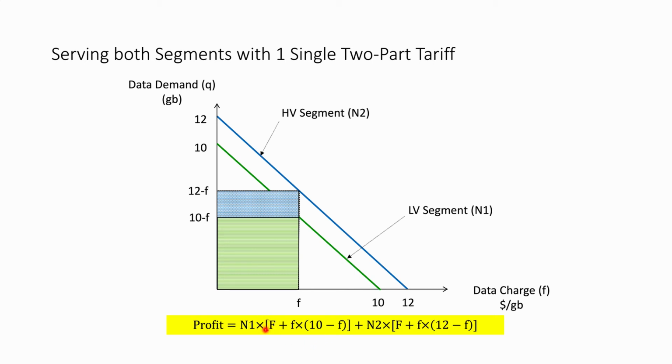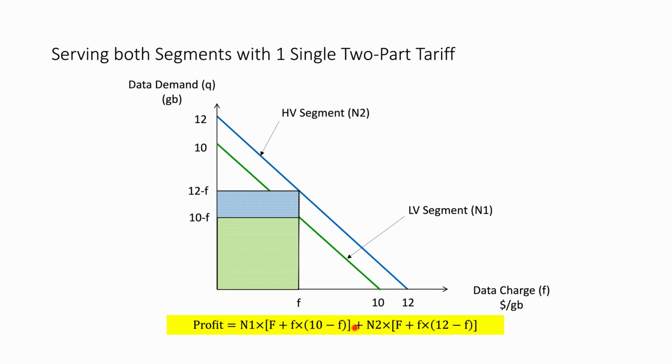Part of the revenue would be from the fixed fee it charges, and a part of the revenue would be from the variable fee, that is, the usage-based fee times the total data usage.